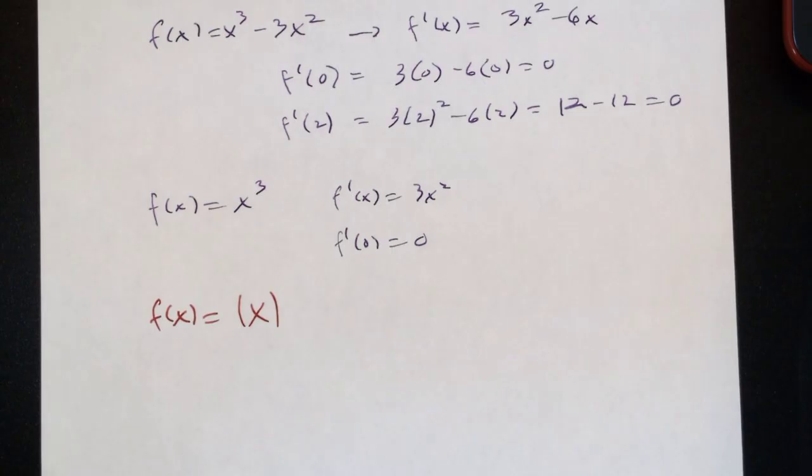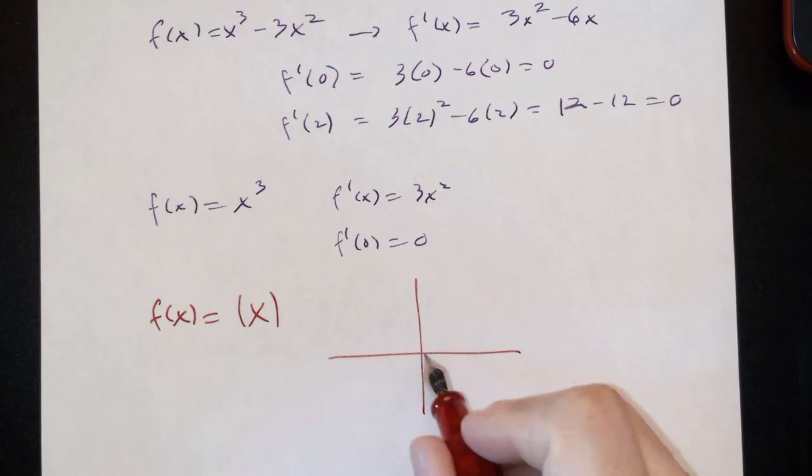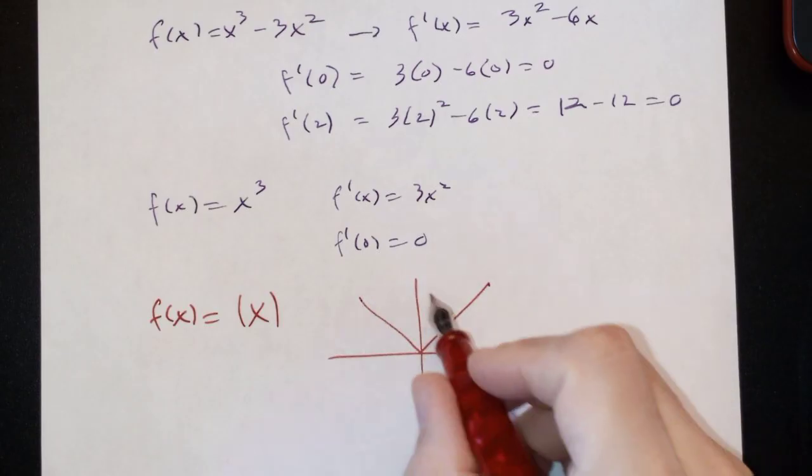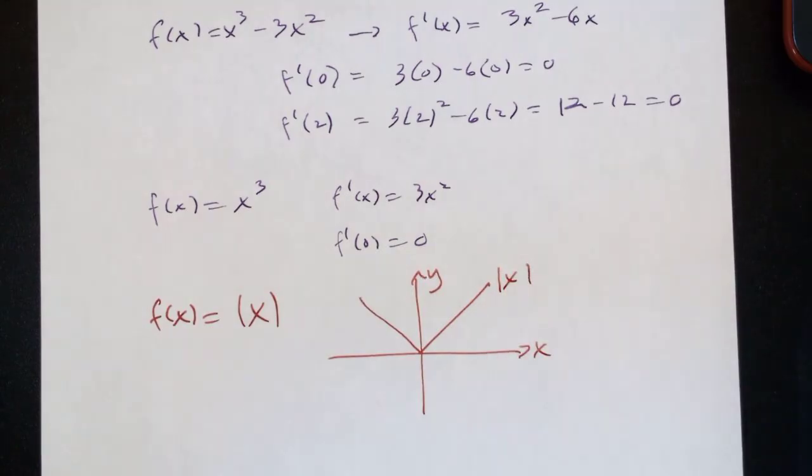Only part of it is a straight line. It's a V. It's two straight lines, not one. Oh, it's the absolute value, as I said. I did say that.